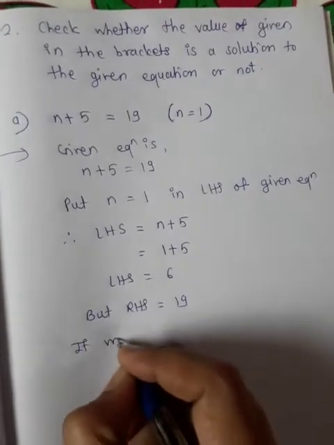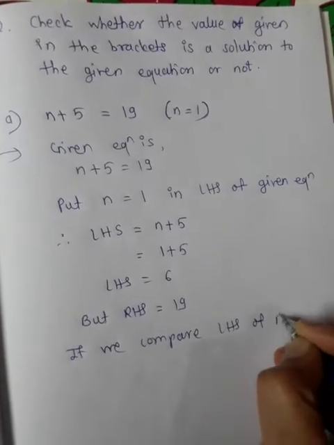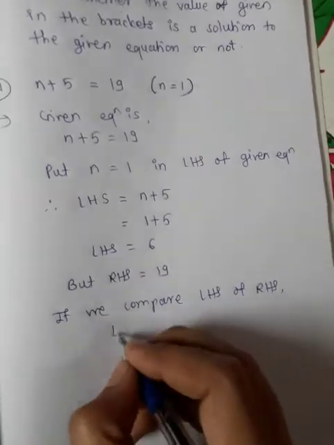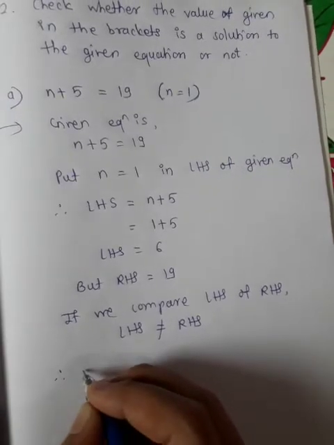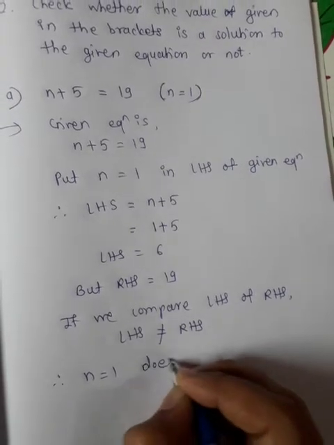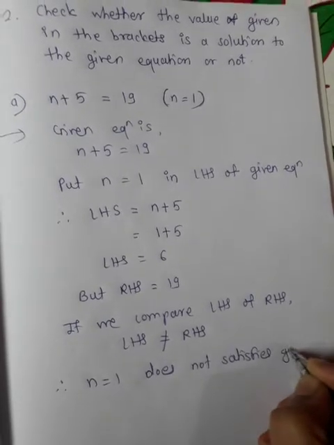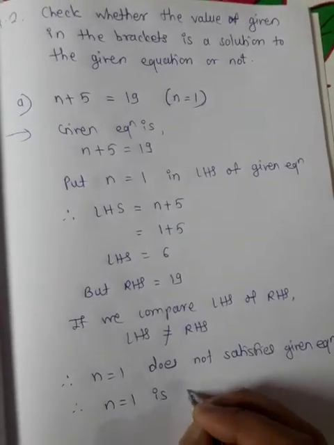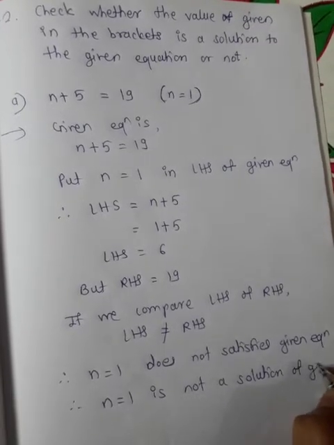So if we compare LHS and RHS, we get LHS is not equal to RHS, and therefore the value n is equal to 1 does not satisfy the given equation. So therefore n is equal to 1 is not a solution of the given equation.